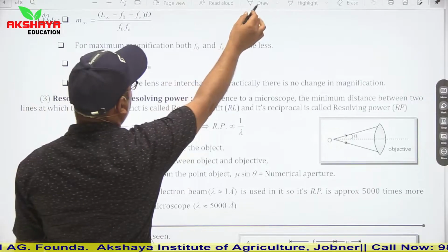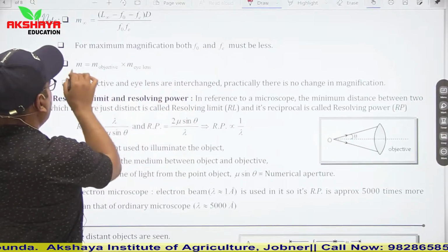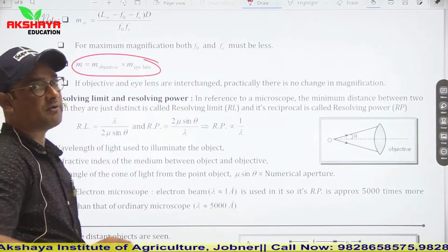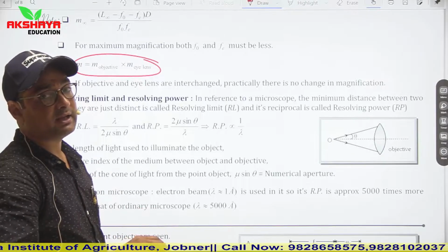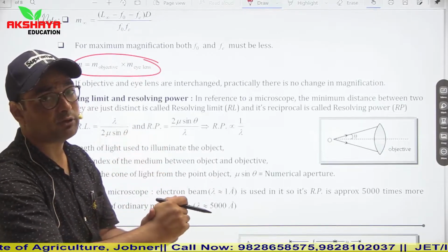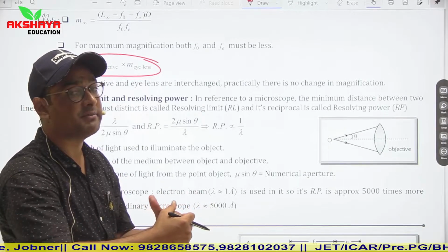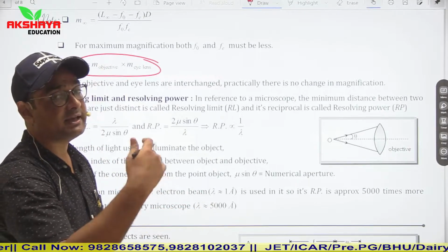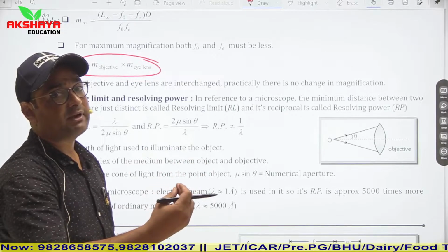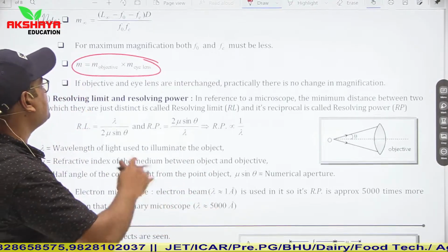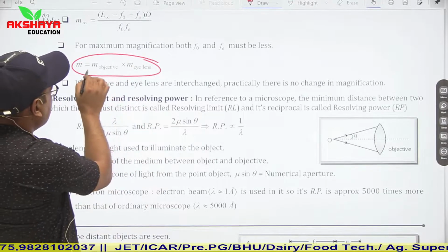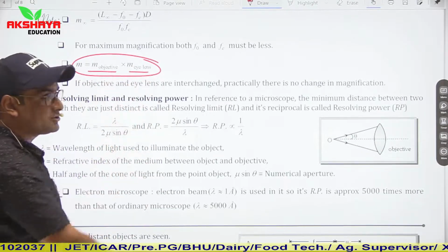If we talk about the total magnification of a compound microscope, here we are using two lenses, and when two lenses are used and we have to find the magnification of the image formed by them, it is M1 into M2. Here M1 is the magnification of the objective and M2 is the magnification of the eye lens.